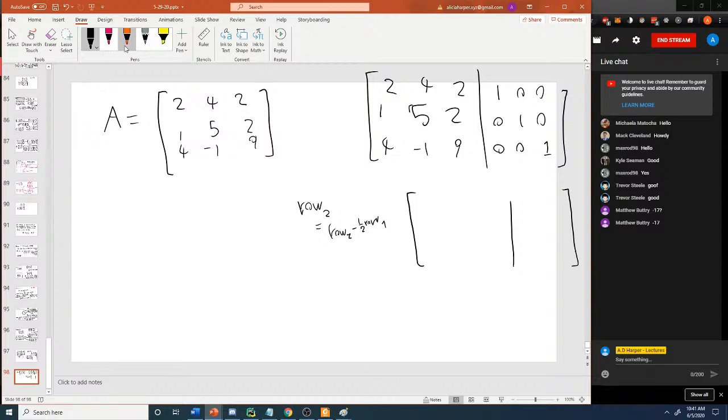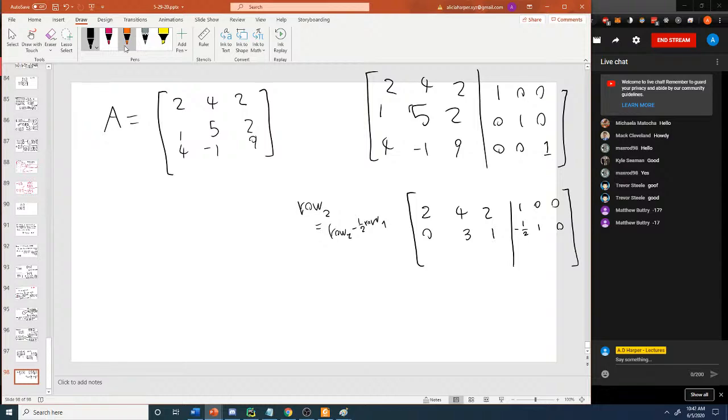If we do this, we'll have 2, 4, 2, 1, 0, 0, 0, and then 3, and then 1, and then -1/2 here, and then 1, 0.